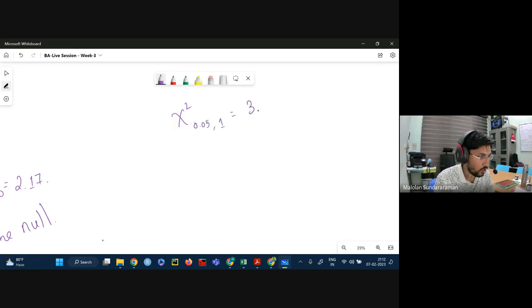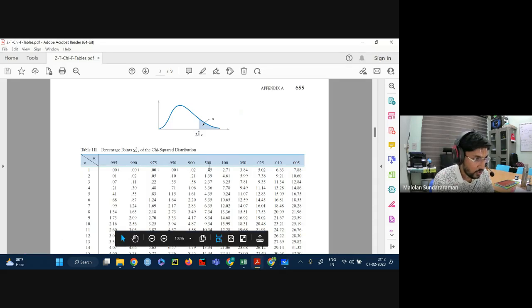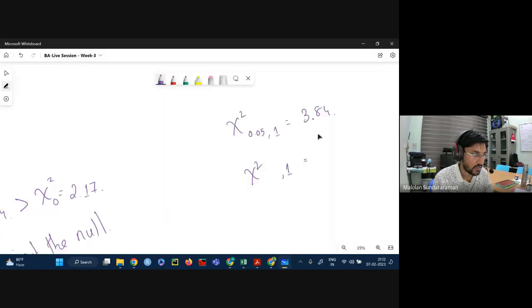The value is 3.84. Whereas in the same chi-square distribution, for the same degrees of freedom, if I go to, let's say, 50%, the value becomes 0.45.